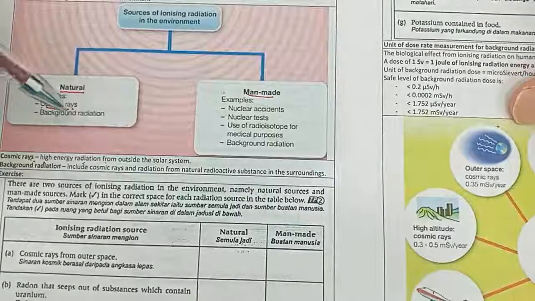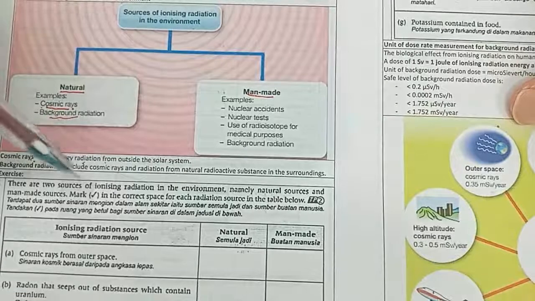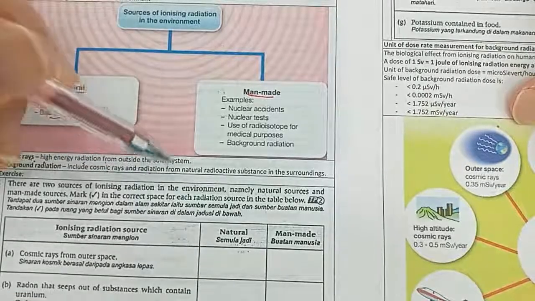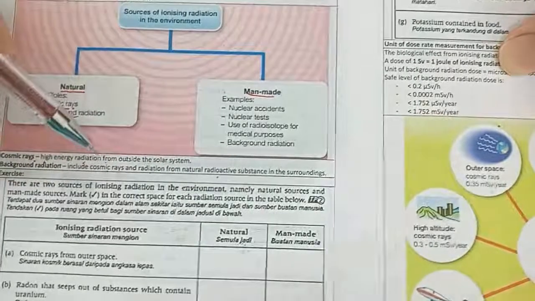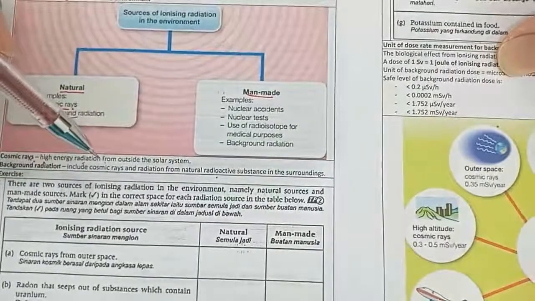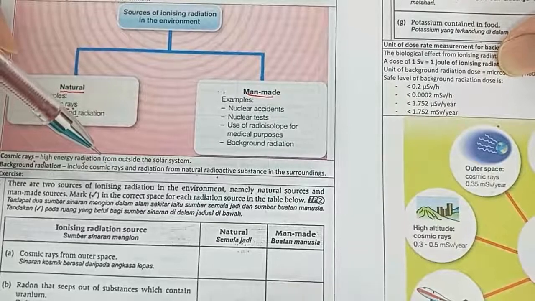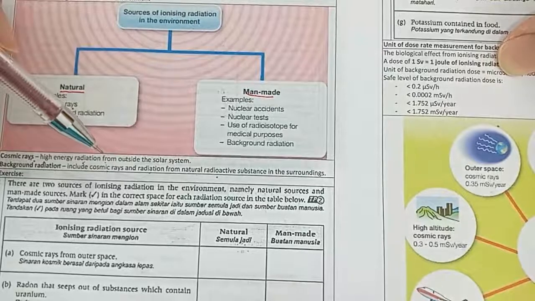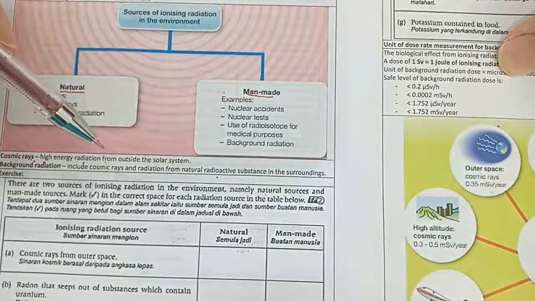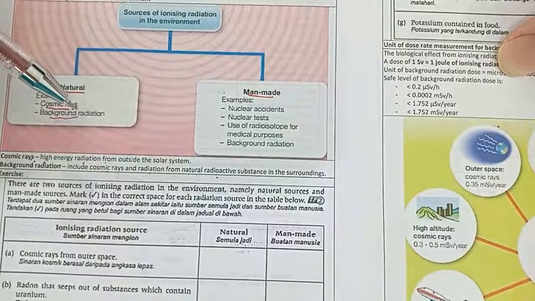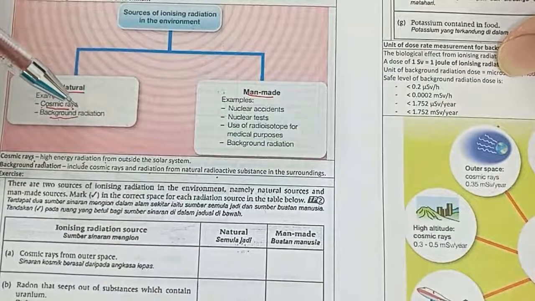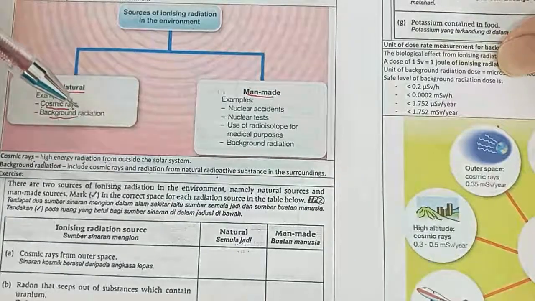Okay, and then background radiation. Background radiation include cosmic ray and radiation from natural radioactive substance in the surrounding. So for example, everywhere, even in the air, in our body, in the table, chair, walls, the ground, everywhere around us, there are radioisotopes. That means there are atoms with unstable nucleus around us.